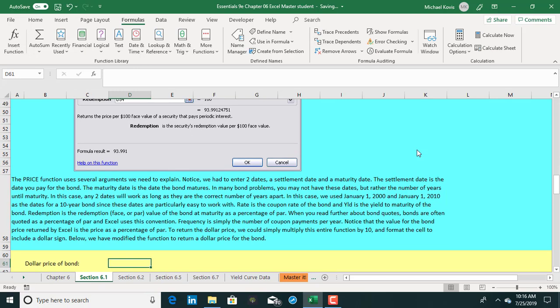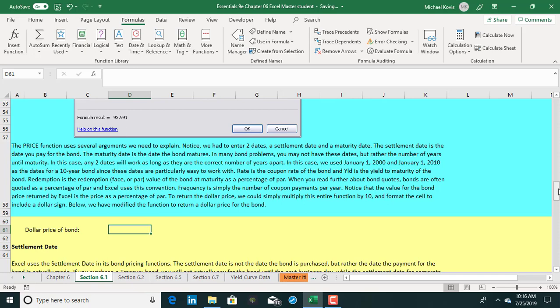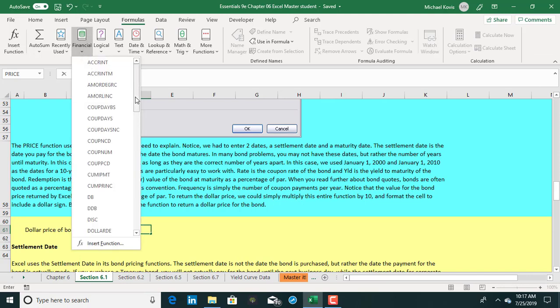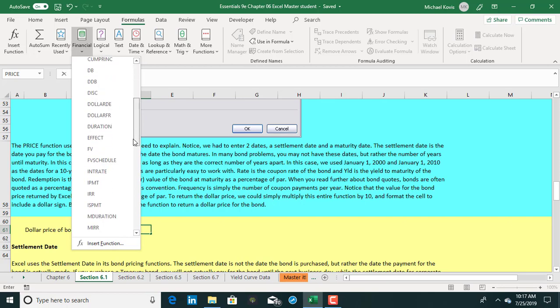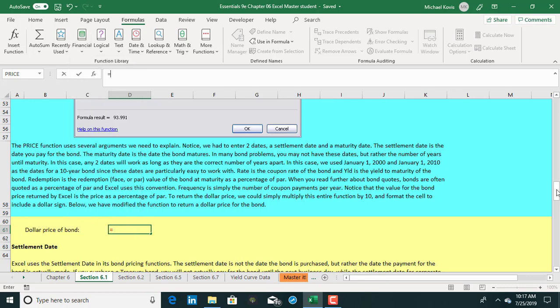Okay, we will continue on. So it's asking us what the dollar price of the bond is, and that is going to be a function of par value and the percent we're willing to pay. So we'll go back to price, and we'll scroll back up.